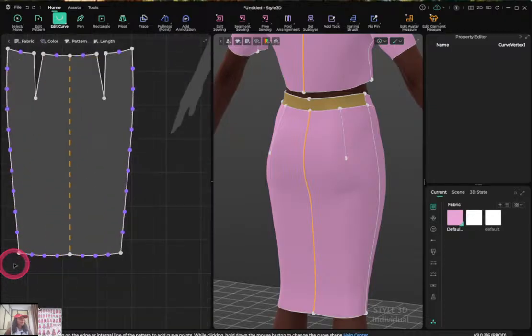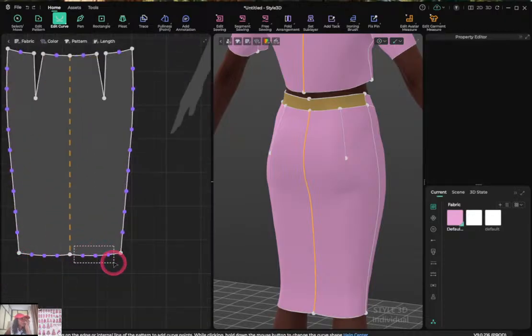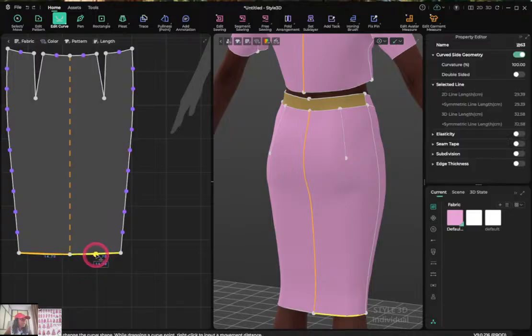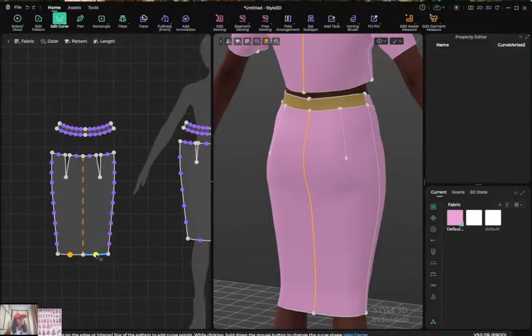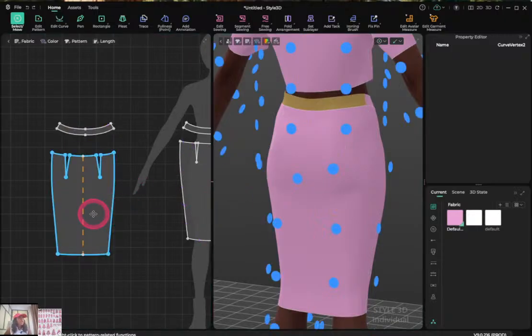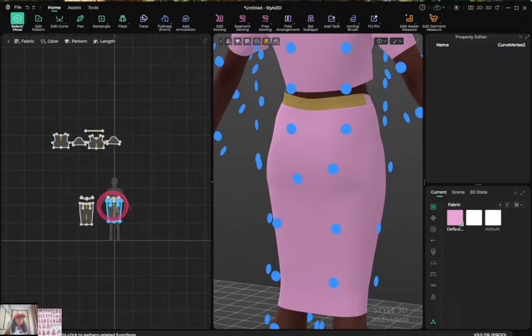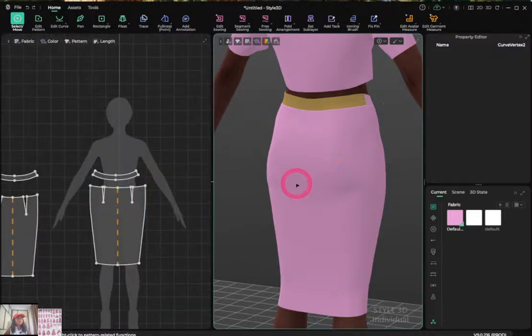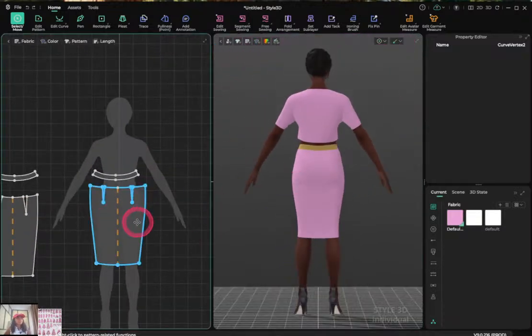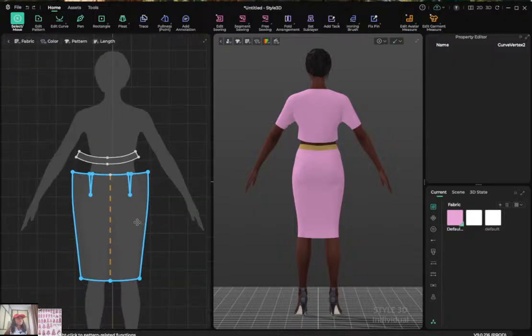And then here also you do the same. Take off the curve, because if you're planning on making it in real life, you might want to make sure that all these details are set. So let me put what would be a zipper in the back of this skirt.